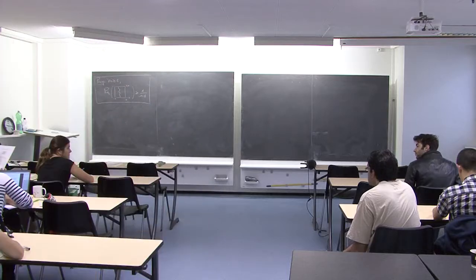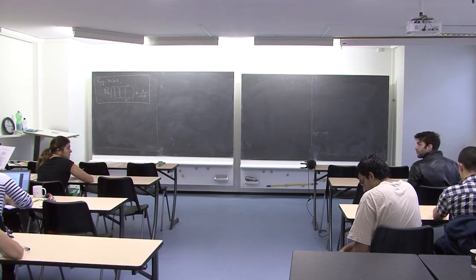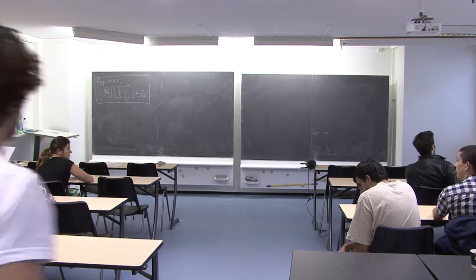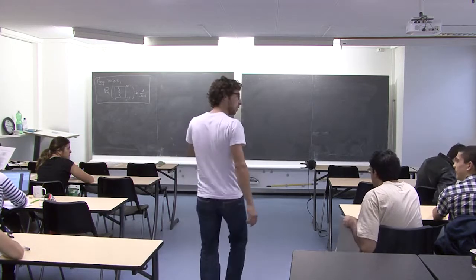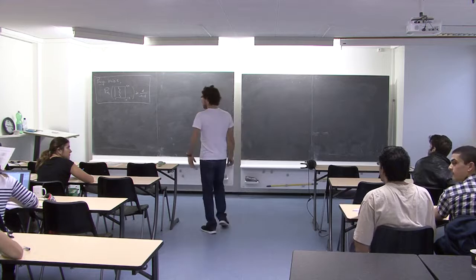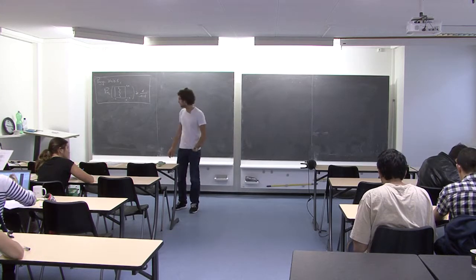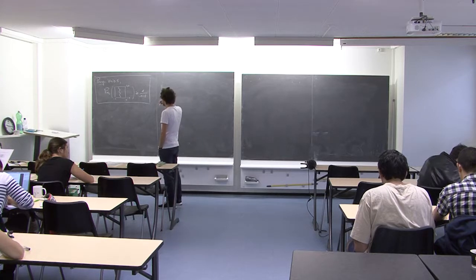So as I said last week, the only difficulty for the Russo-Seymour-Welsh theorem is to get from the aspect ratio 1/2, 1/2 to any aspect ratio which is strictly larger than 1. And so we choose here the 3/2.